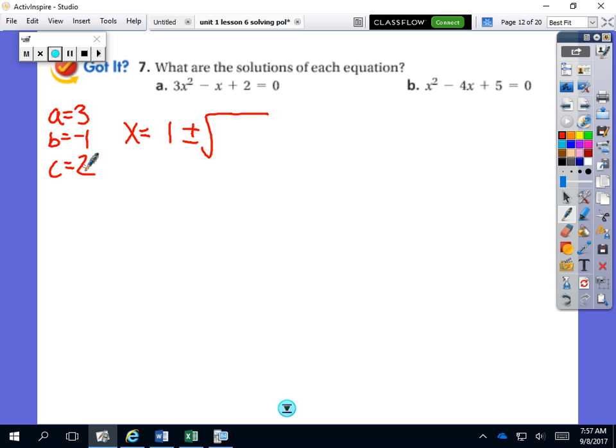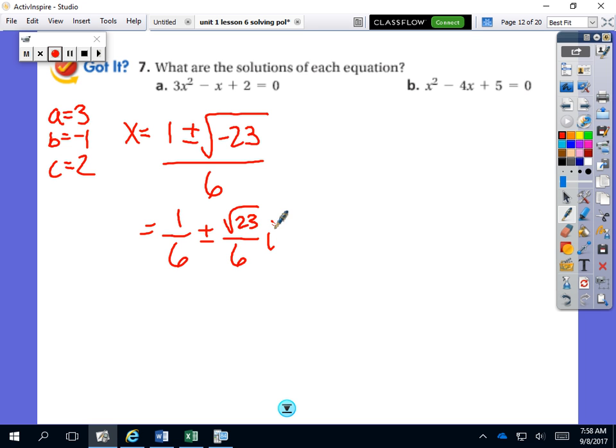So I have 1 minus 24 is negative 23. If you put it in your calculator, you should have gotten that. Over 2a, which is 6. So this is going to be 1 over 6 plus or minus, and negative 23 is going to be i times the square root of 23, because 23 is not factorable. So it'll be square root of 23 over 6 times i.